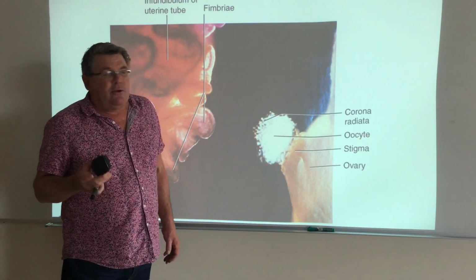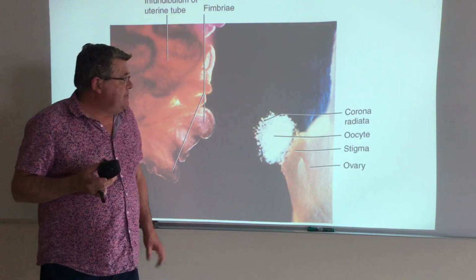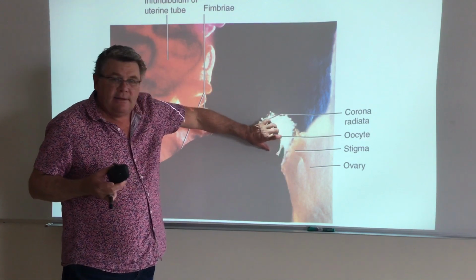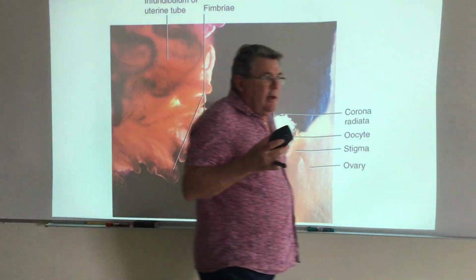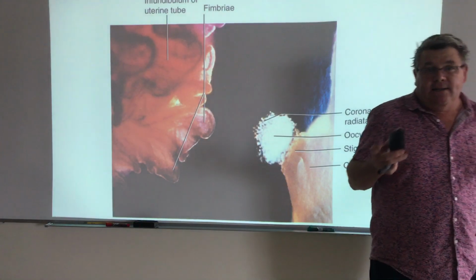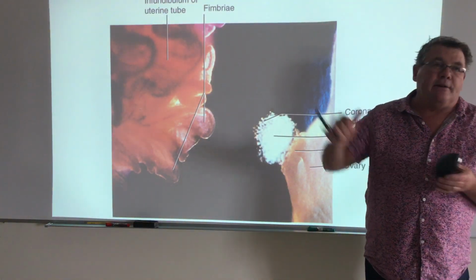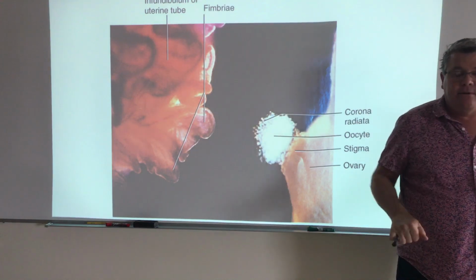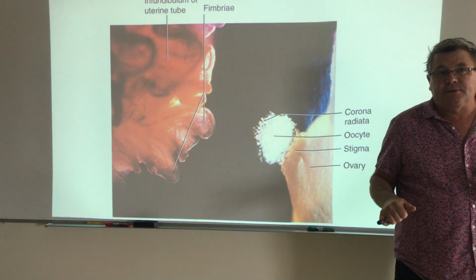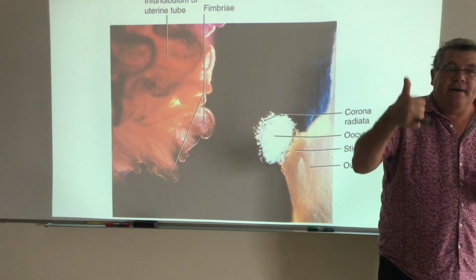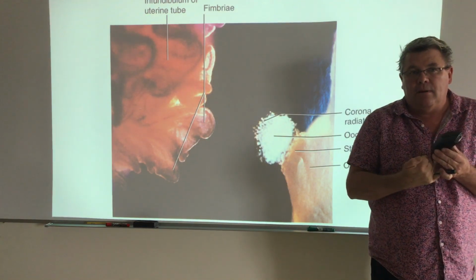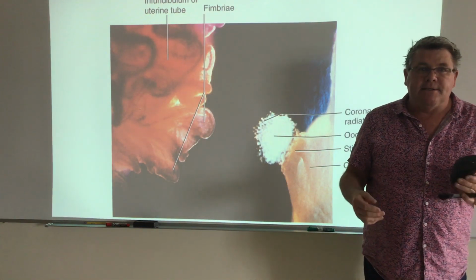But slowly the corpus luteum will die. And I'll get around to this in a couple. As the corpus luteum dies, which will take about 2 weeks, the amount of progesterone goes down. If the amount of progesterone goes down, the FSH goes back up. So then we get back to day 1.